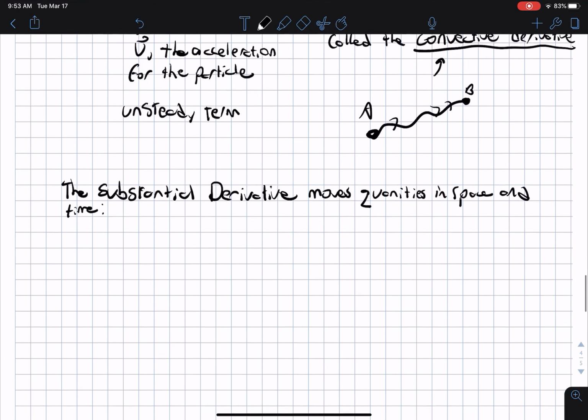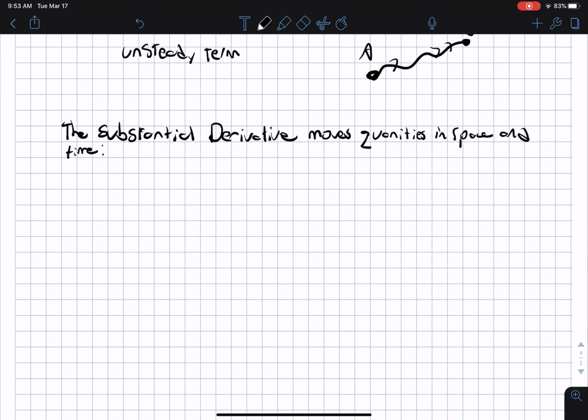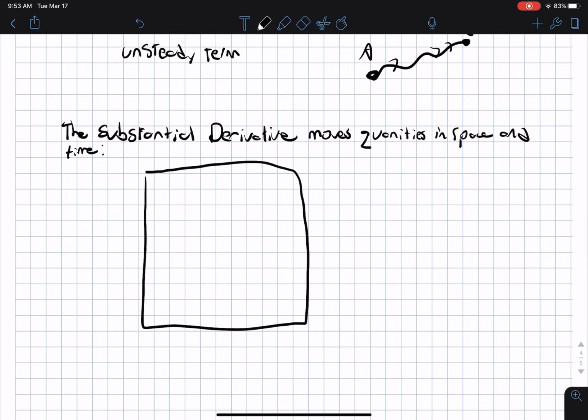But say we have our little fluid domain here, x and y, and we have a high temperature bubble here.